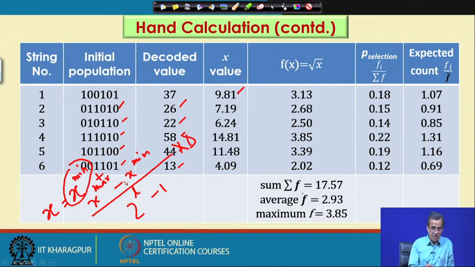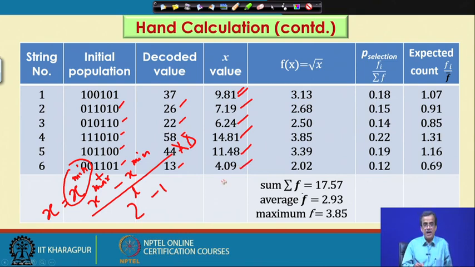So, 16.0 minus 1.0 is 15.0, divided by 2 raised to the power L, where L is 6, minus 1, into the decoded value. Following this rule, we get the real values of x. For the first string we get 9.81, the second one 7.19, the third one 6.24, the fourth one 14.81, the fifth one 11.48, and the sixth one 4.09.